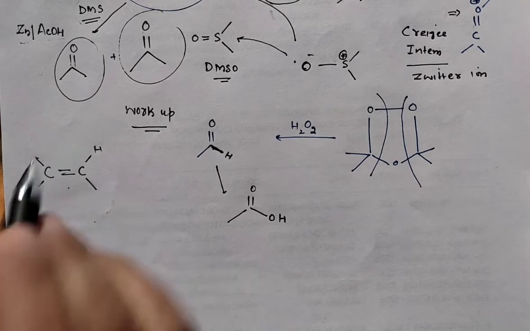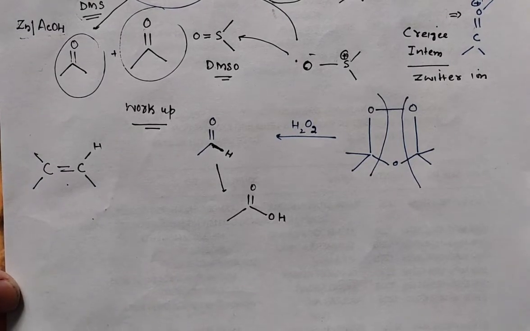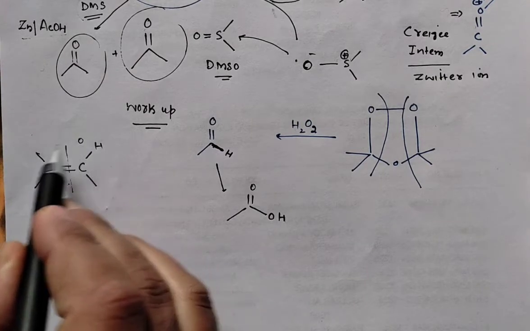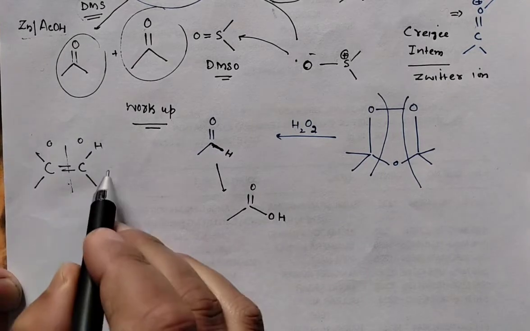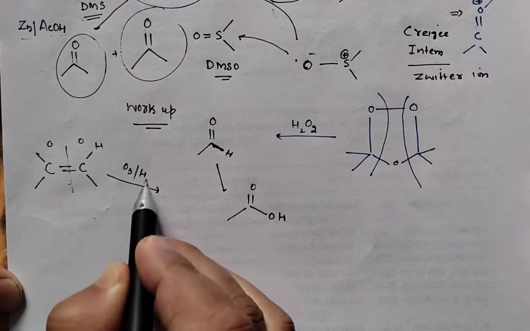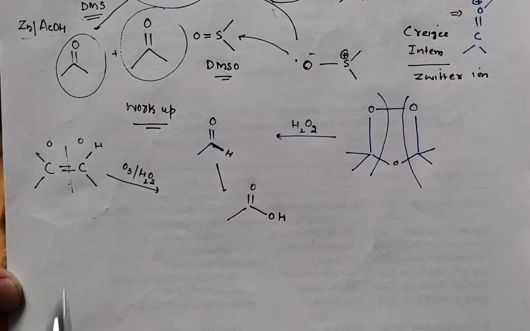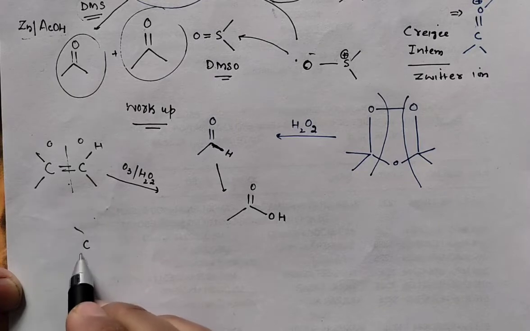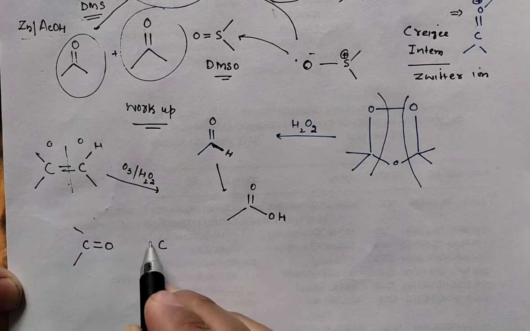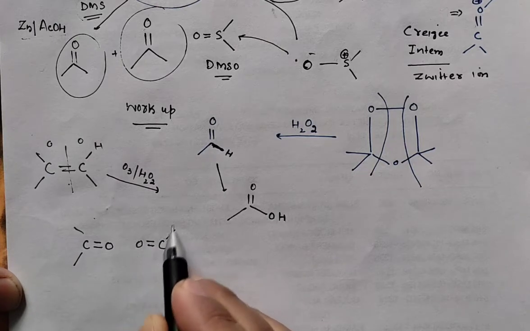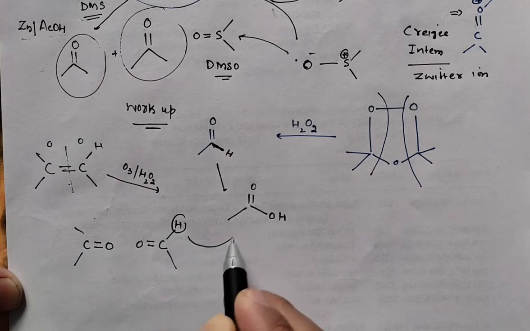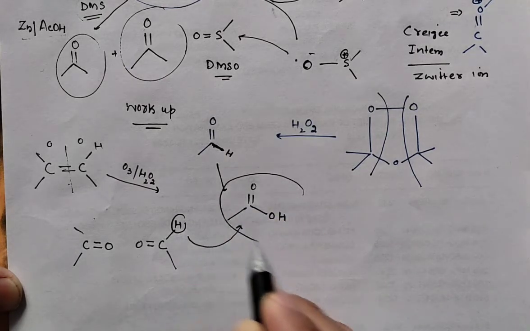So very simple, what to do: we need not worry about the mechanism, this was just for the understanding. Break it here, add oxygen here, add oxygen here. Okay? Remember we are using ozone and peroxide, that means oxidative cleavage or oxidative workup. So we'll get C, put a double bond here, that is your oxygen. Now in this case also you put a double bond, but remember we have hydrogen on one side, so this will get further oxidized to this compound, that is your acid.